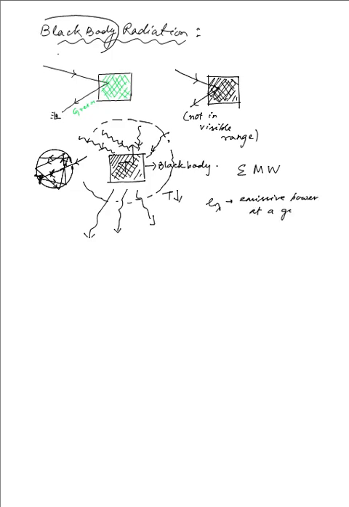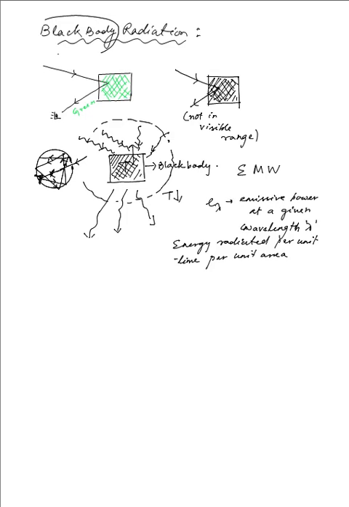This emissive power is nothing but the energy. Power is energy radiated per unit time, and this is the energy that is radiated per unit time per unit area within a given range of the wavelength.